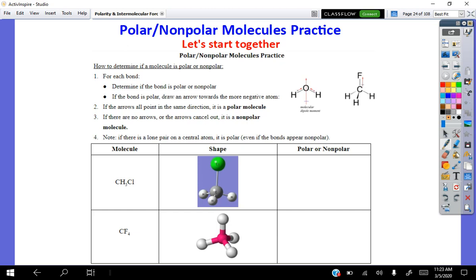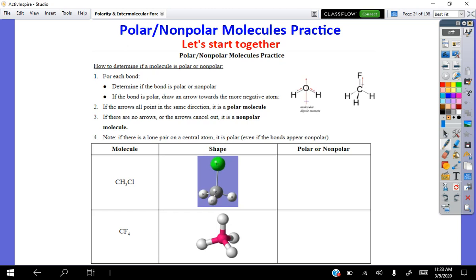The bond dipole arrow is there to represent a shift in the electrons towards one particular atom or one particular side of the molecule. So, when we're drawing arrows for our bond dipoles, we really only need to draw them for polar bonds.